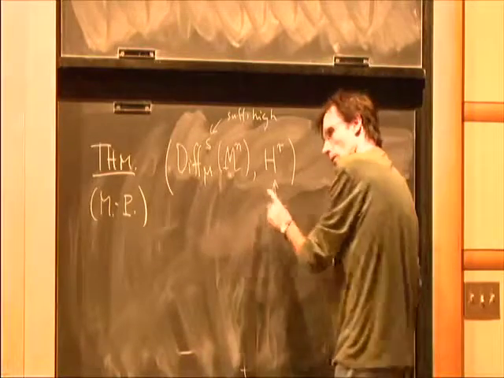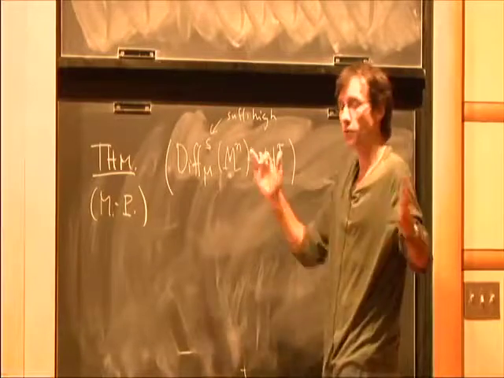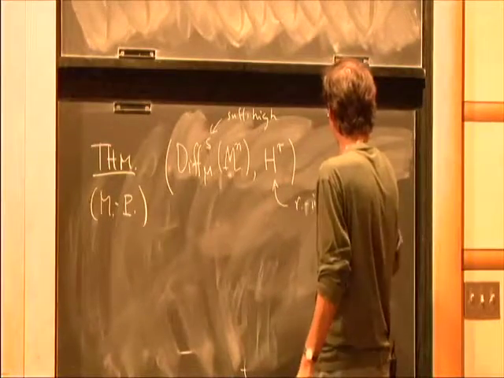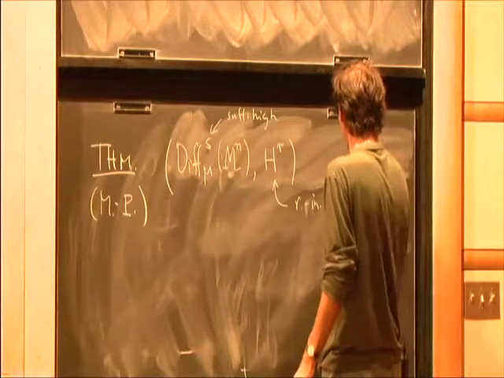So I take the HR inner product on the tangent space at the identity, and then I do the same trick as before. I right translate it, so I get a right-invariant HR Sobolev metric.